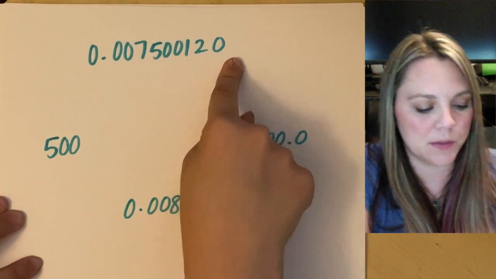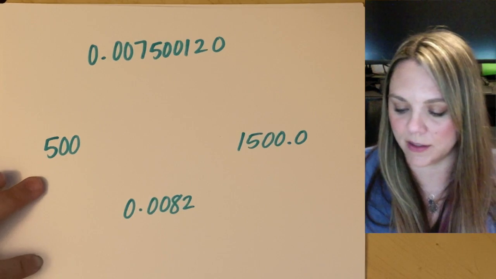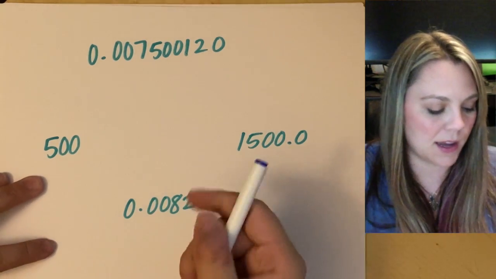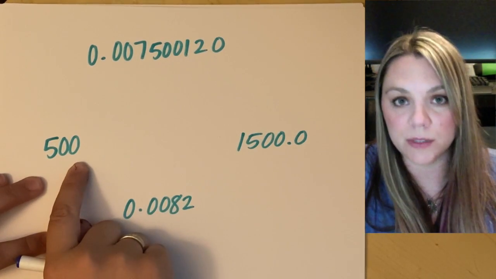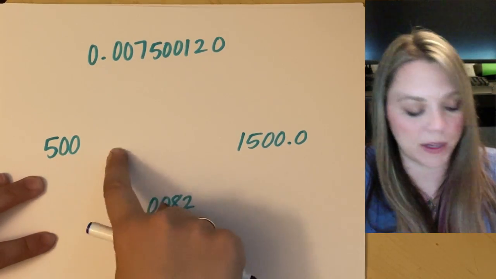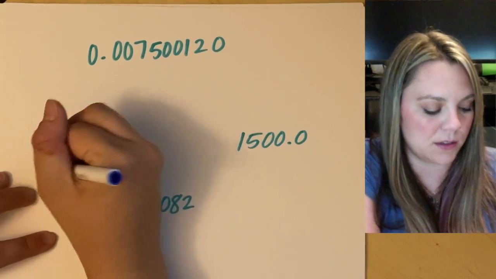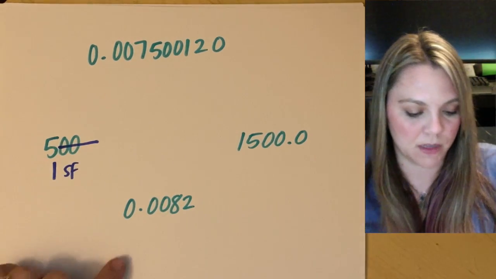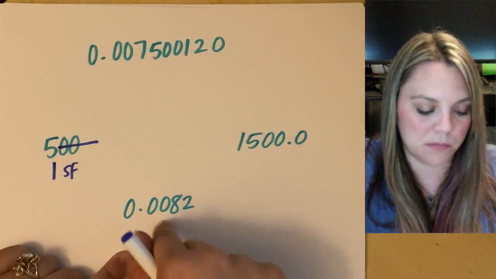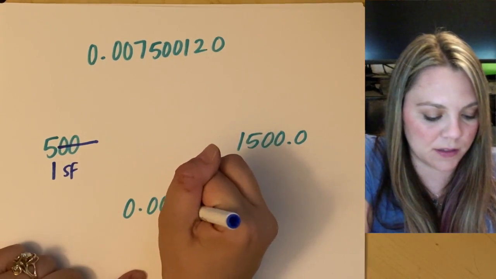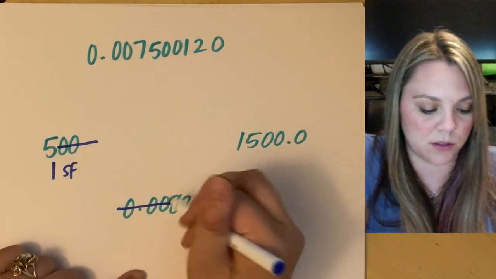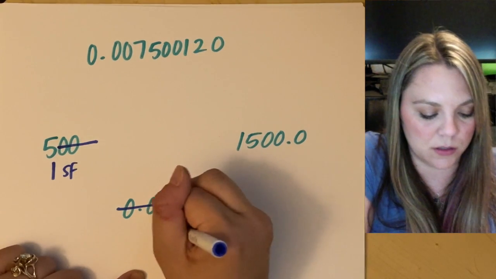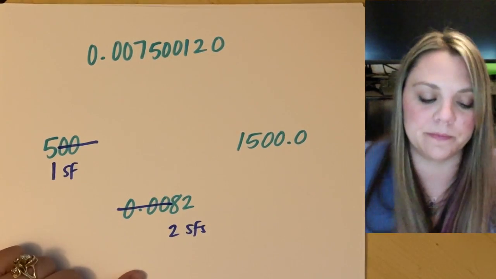This one is the most complex, so I'll save it for last. This guy, 500, there's no decimal point. These are trailing zeros, so not significant. There's only 1 sig fig. In this one, leading zeros to the left don't matter, so there's only the 8 and the 2, so 2 sig figs.